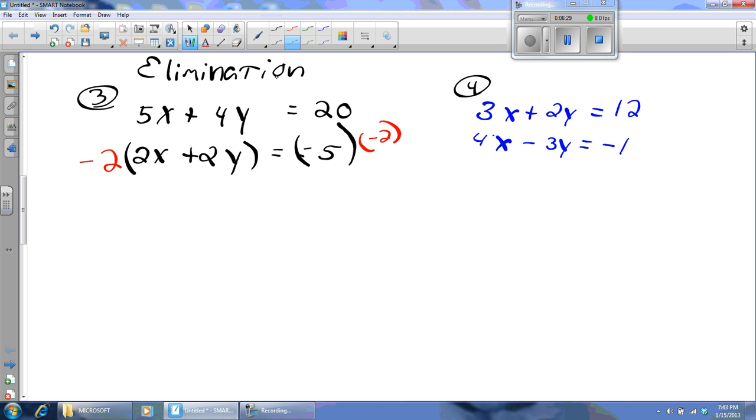And so I'm going to bring down my top equation, 5x plus 4y equals 20. Now, when I distribute here over on the left, I'm going to get a negative 4x, a negative 4y, and on the right-hand side, I'm going to get 10.